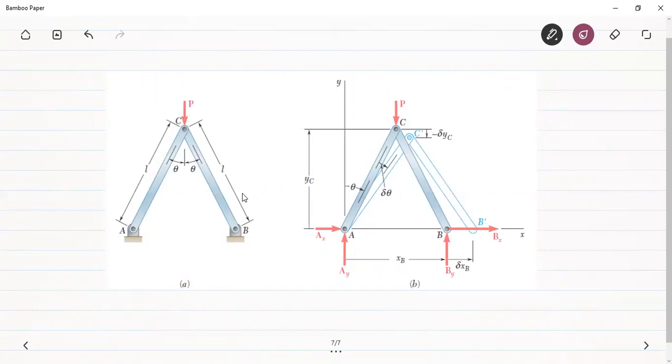But still, if we are interested in finding the horizontal reaction at B, then we have to assume that we are going against the consistency of the constraints. We are giving the virtual displacement, although it is not possible, but here we have to assume that the work is done by the reaction.